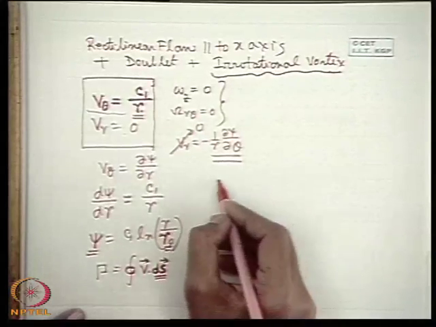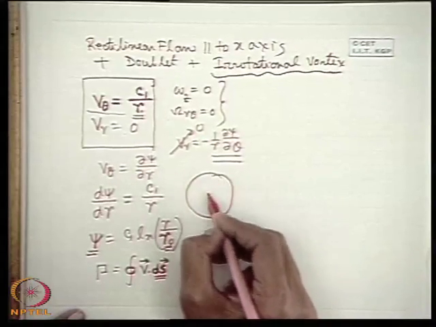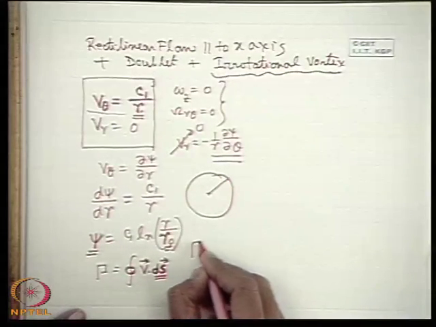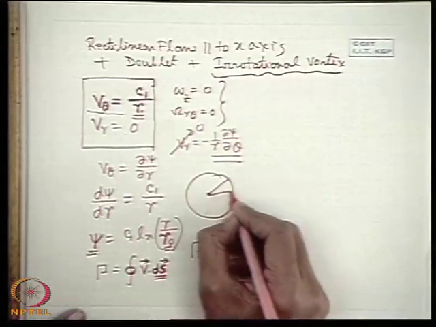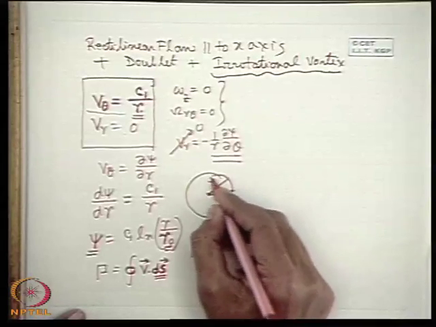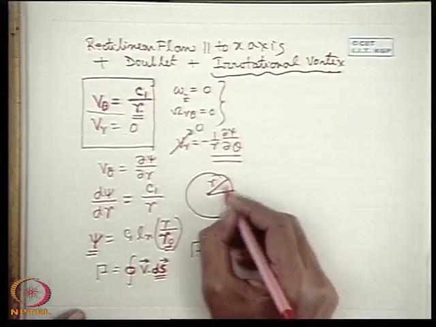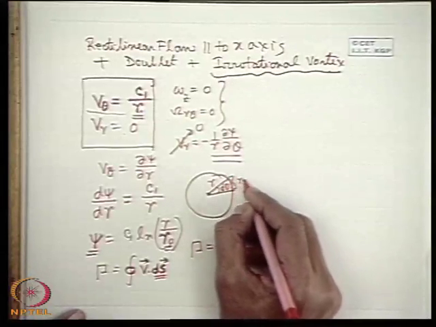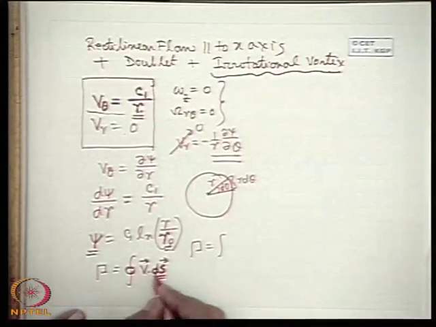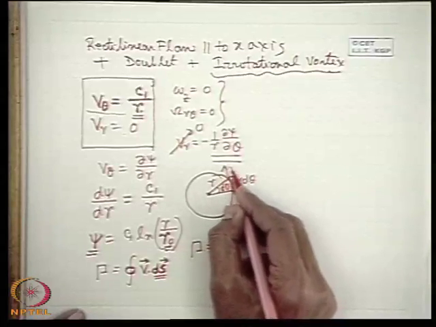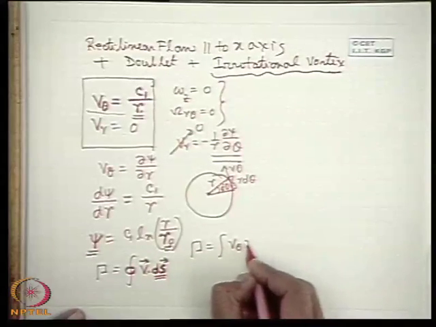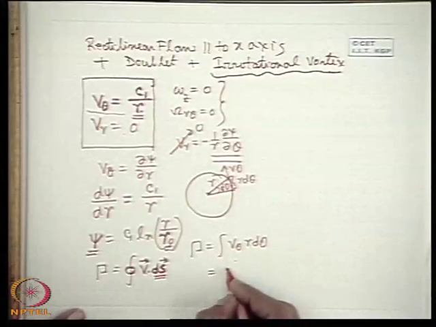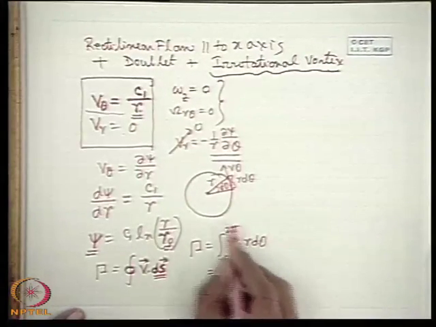So in a free vortex flow, if we evaluate the circulation, let the radius be r over any circular path, and this is d theta, so ds is r d theta. And v dot ds, v is only in the tangential direction, v theta r d theta, and v theta is c1 by r. That means it will be 0 to 2 pi along the closed contour.